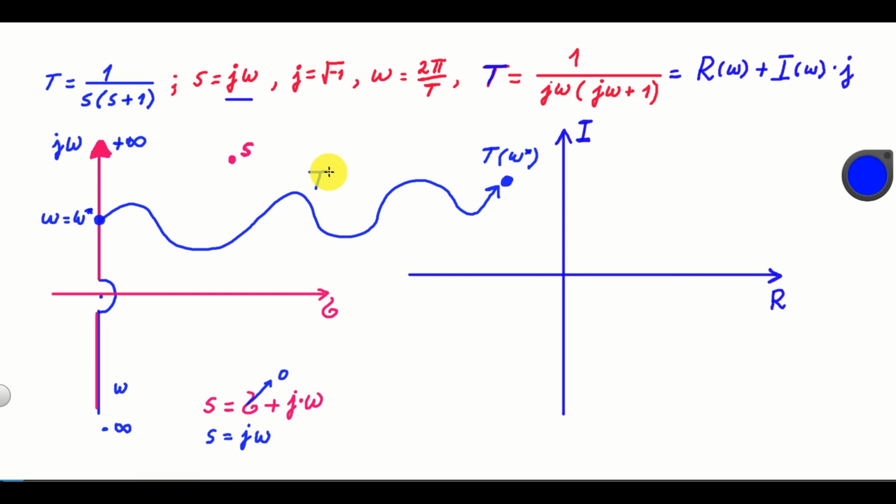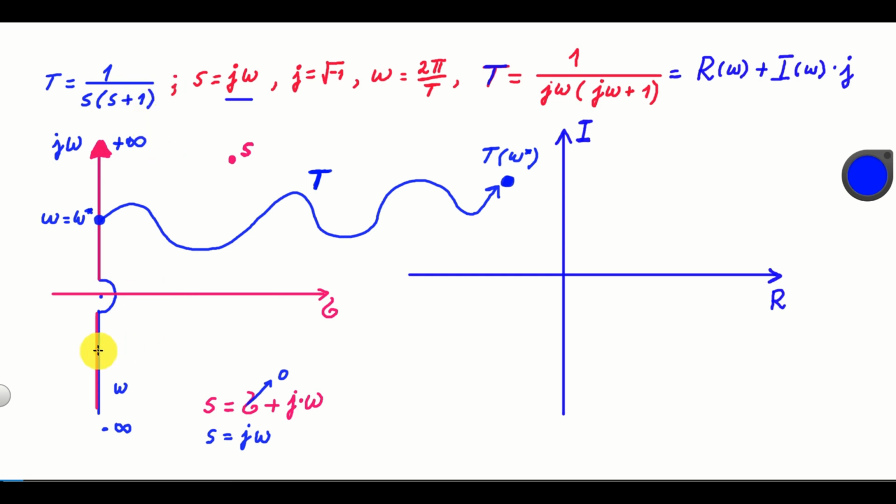Now, let's summarize. The Nyquist plot is obtained by varying omega values from minus infinity to plus infinity in the original complex plane. For any point on the imaginary axis, we will obtain a corresponding point in the mapped plane. The mapping is performed by our sinusoidal transfer function that's obtained by substituting S equal to j omega inside of the original transfer function.